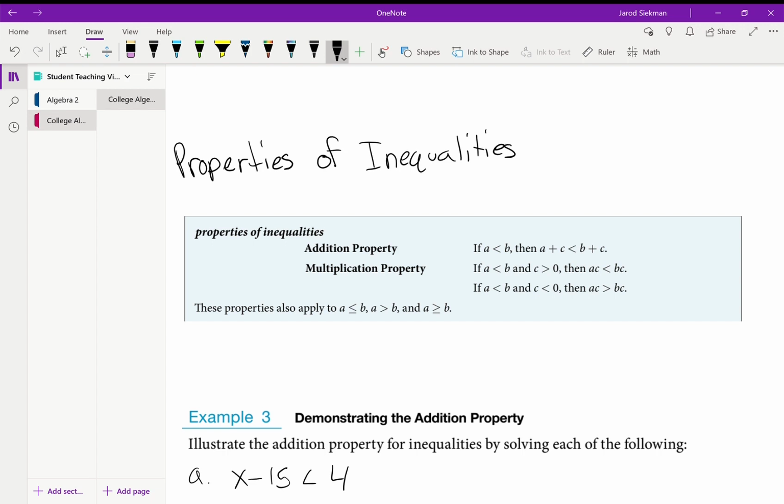We multiply one side, we also have to multiply the other. But there's one big difference. When we multiply or divide by a negative number, then we must flip the sign right here. So if it was greater than, it then becomes less than. And we're going to look at a few examples of that here shortly. But that's when you multiply or divide by a negative number, you flip the inequality.